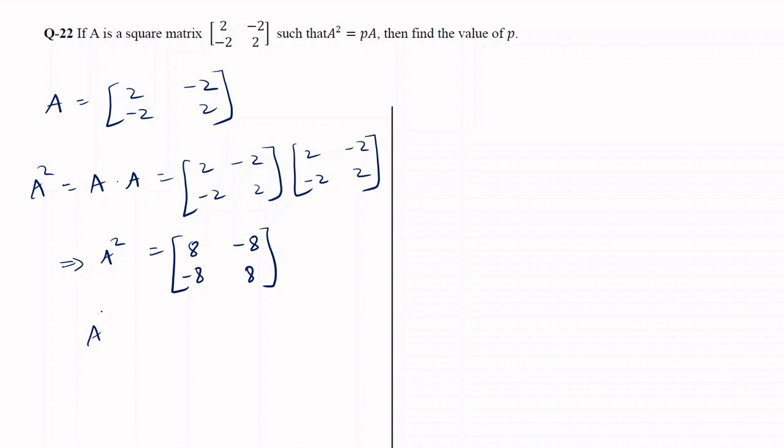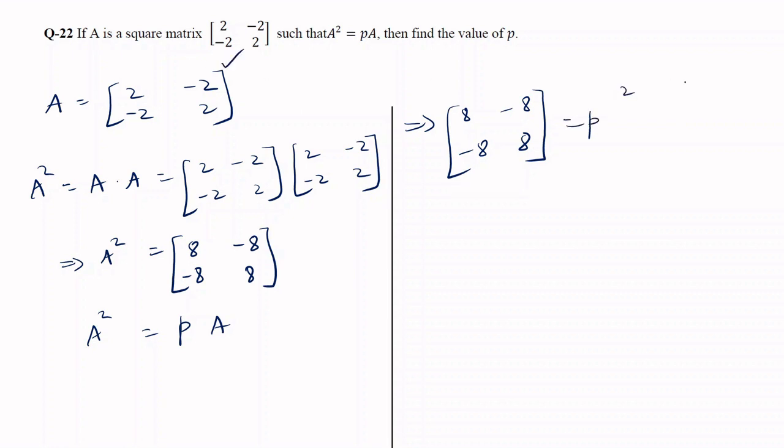Now it is given A square is equal to P into A. So this implies the matrix 8, minus 8, minus 8, 8 equal to P into the matrix A. Matrix A is 2, minus 2, minus 2, 2, so this is 2P, minus 2P, minus 2P, 2P.